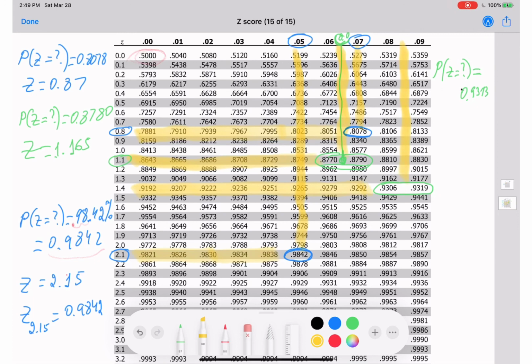Okay, so what is z-score gonna be equal to? 1.4, and here I have 8.5, because it's right in the middle of these two, right? So it's gonna be 8 and 5.